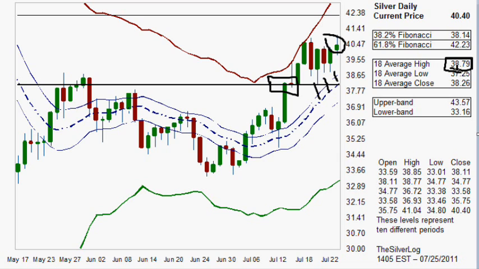What's important is the hold of the 38. It's held well. Now 39 has been holding very well from last week. 39 has held as support. The question is, can $40 hold this week as support? If it does, that's an extremely bullish sign.